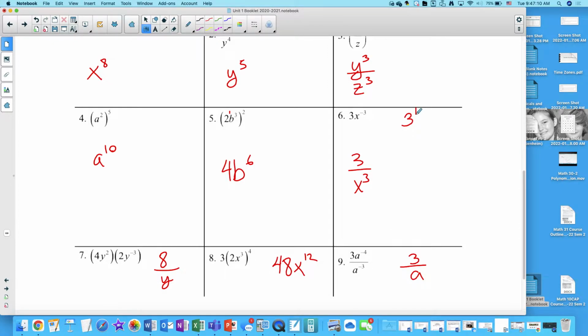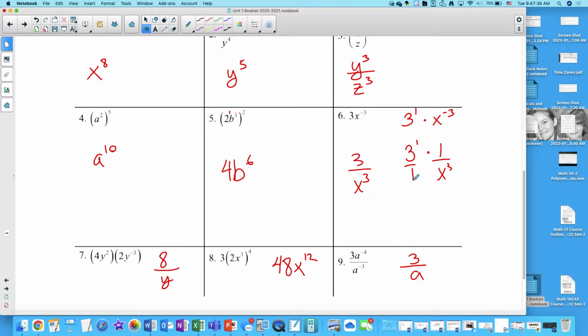This is the one that's negative. So this is going to become 3 to the 1 times 1 over x cubed. Right? Now, we could superficially put a denominator of 1 in here. And then when you multiply fractions together, you multiply the numerators and you multiply the denominators. So that's going to give us 3 over x cubed.